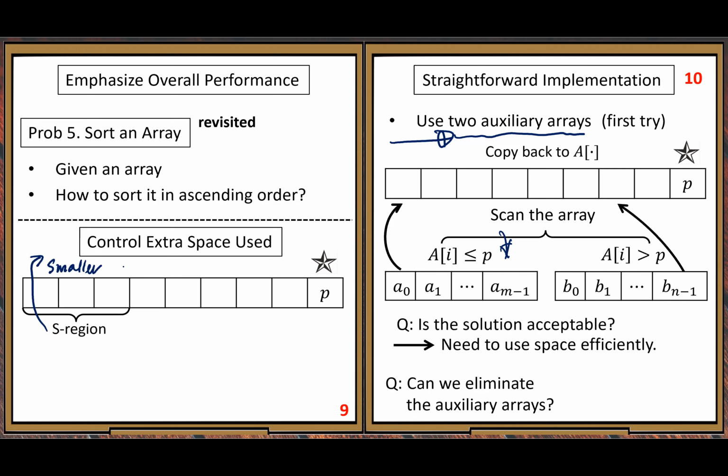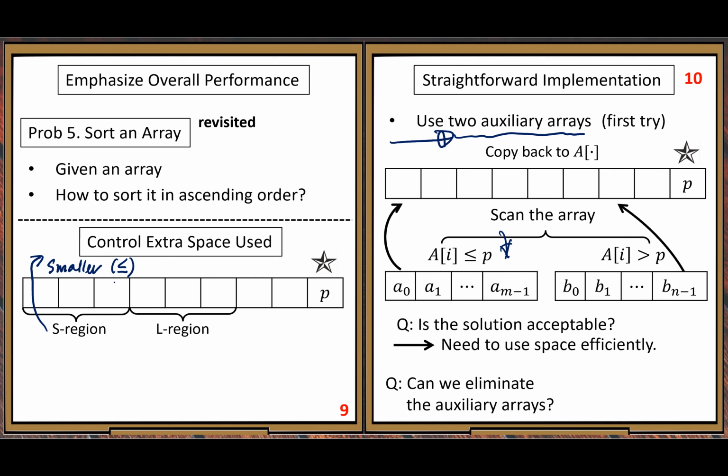Equal, we put it here. So for all those elements that are smaller or equal to P, we put them in S region, a block of consecutive locations.